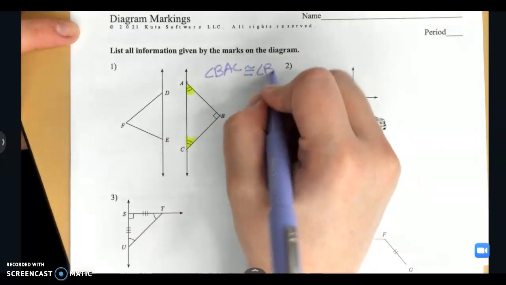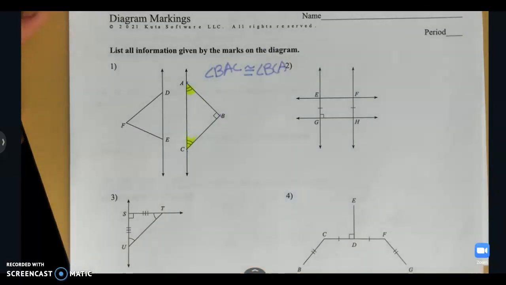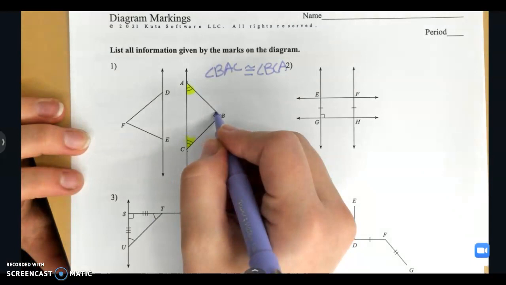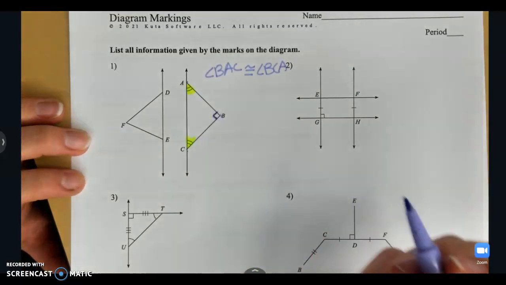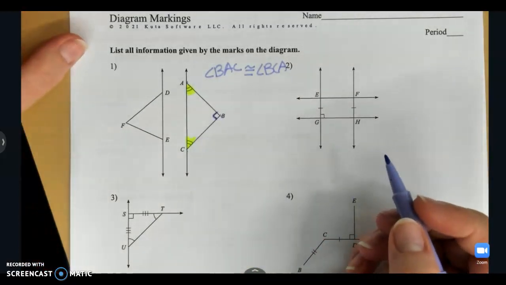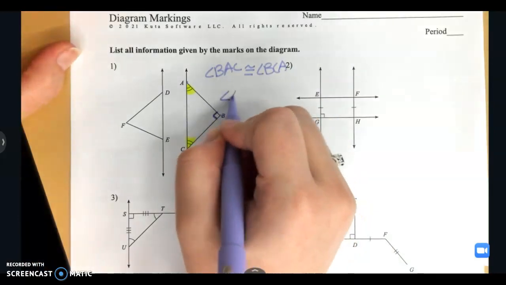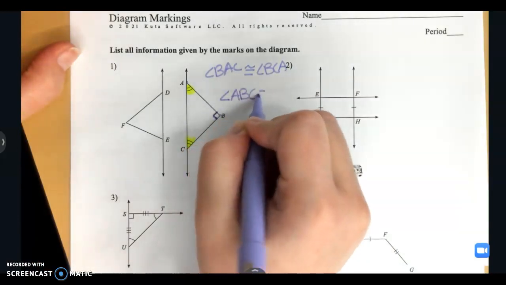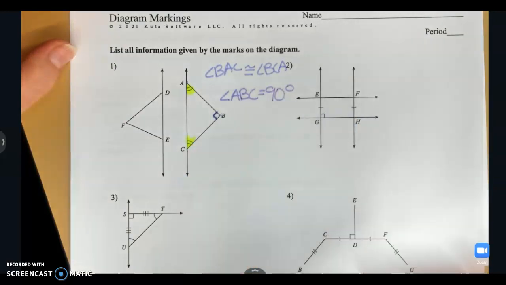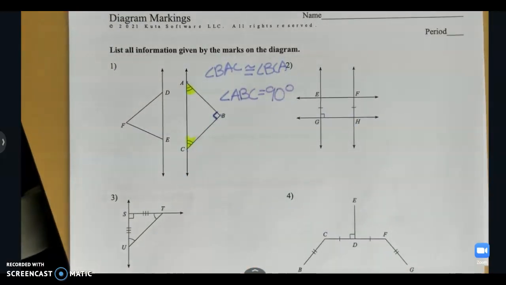They are congruent angles. The tick marks told me that. What's another marking on this diagram? Right. This little box here tells me that that angle is a right angle. So angle ABC is equal to 90 degrees.